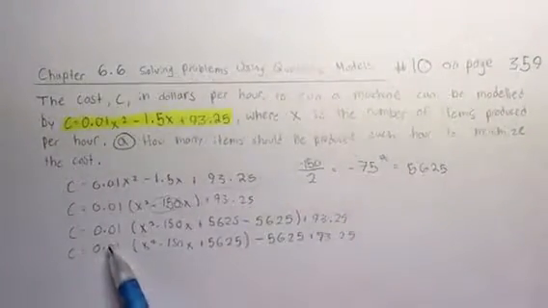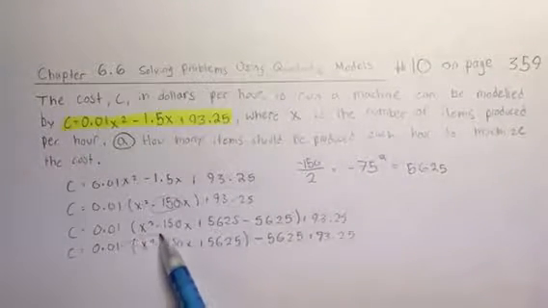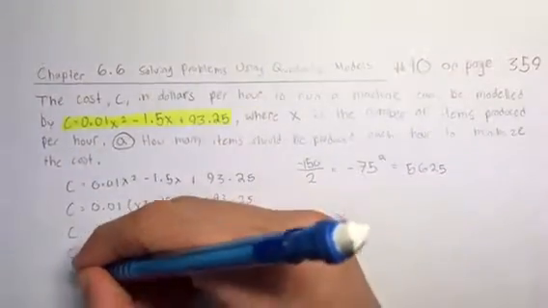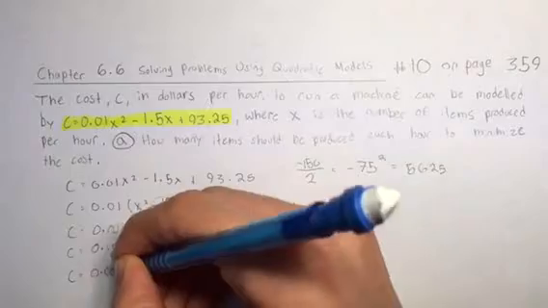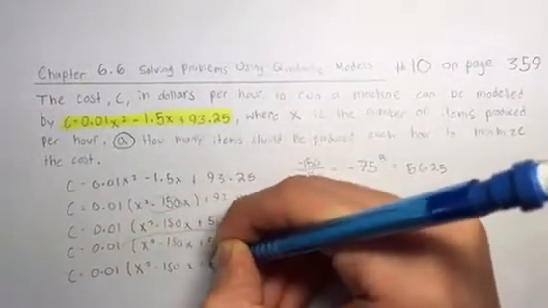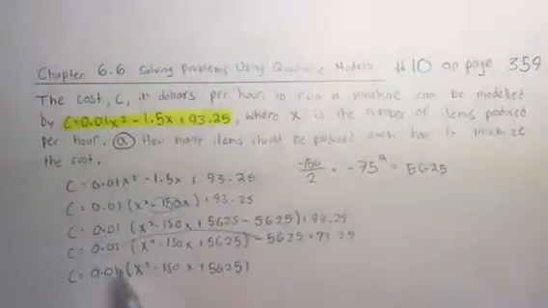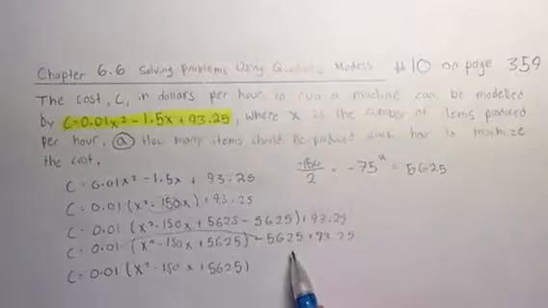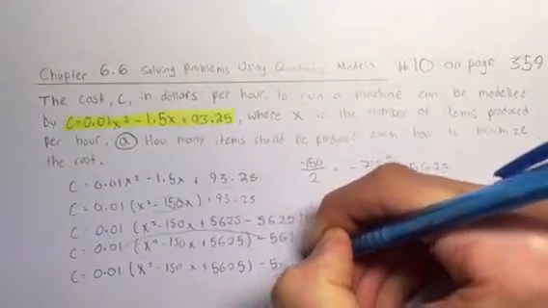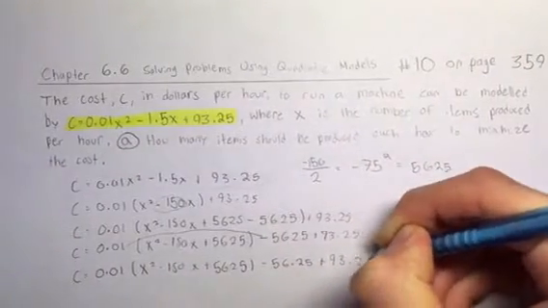We need to take the value we factored out at the beginning, 0.01, and multiply it by this value before we solve anything. So that's 0.01 times x squared minus 150x plus 5,625, and then 0.01 times negative 5,625 equals negative 56.25, plus 93.25.